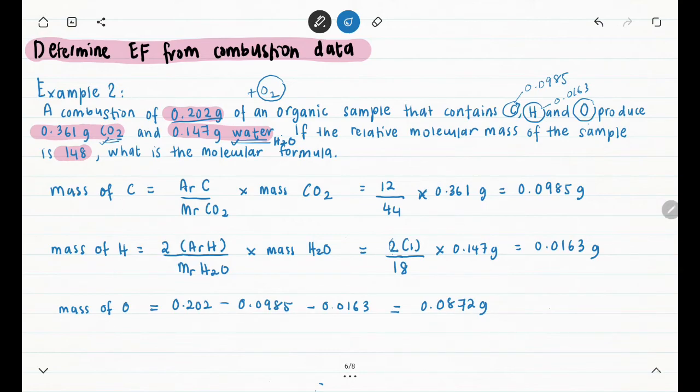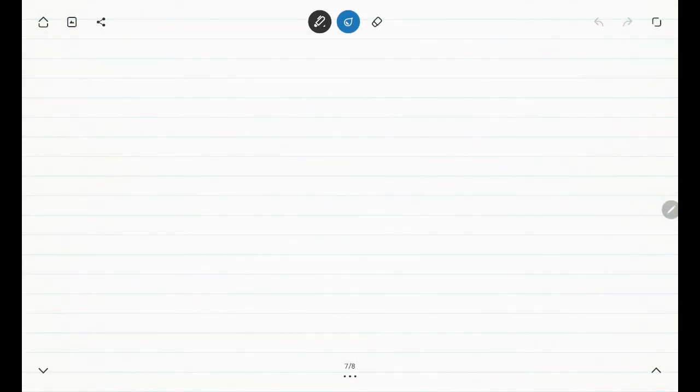So we will use the same table. Right now we know the mass of each element. Our elements are carbon, hydrogen and oxygen. We have calculated the mass. For carbon it is 0.0985. Don't forget to put the unit here. And then hydrogen, 0.0163. For oxygen, 0.0872.